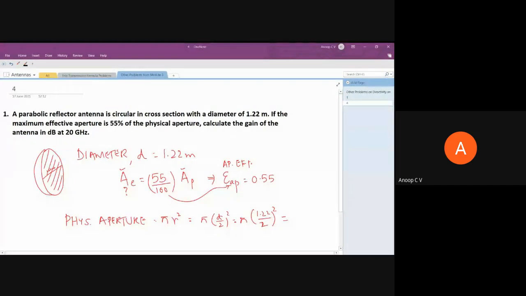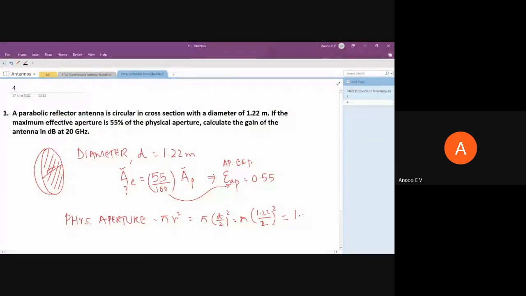Please calculate and type in the chat window, or unmute and tell. Okay, 1.16, fine, thank you. So it is 1.16 meter square.